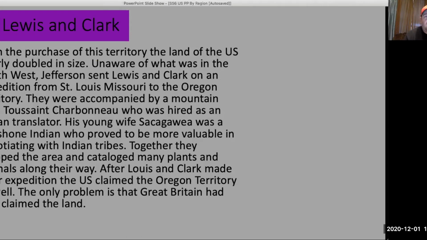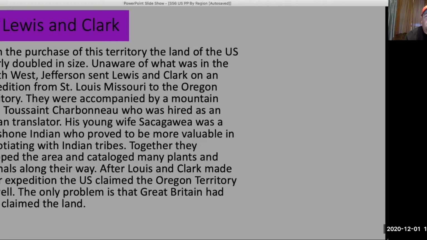Okay, Lewis and Clark. With the purchase of the Louisiana Territory, the land of the U.S. nearly doubled in size. Unaware of what was in the Northwest, Thomas Jefferson sent two explorers, Lewis and Clark, on an expedition from St. Louis, Missouri to the Oregon Territory.